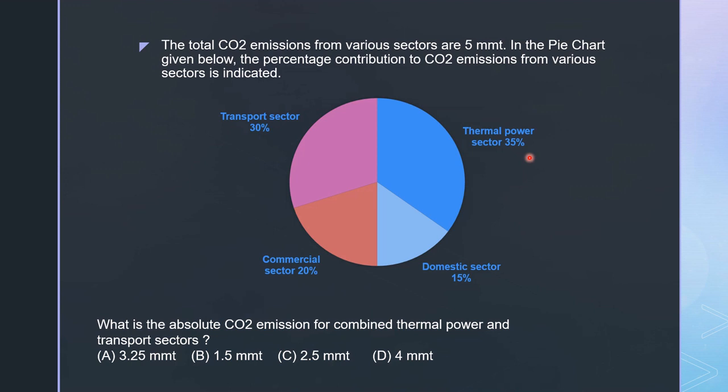Why do we add these two sectors? Because the question is what is the absolute CO2 emission for the combined thermal power and transport sector. So we have to calculate the combination of thermal power CO2 emission and the transport sector CO2 emission. So 5 into 30% plus 5 into 35%. If we calculate this number, then we get the answer. Okay. So how do we solve? See you in the next slide.